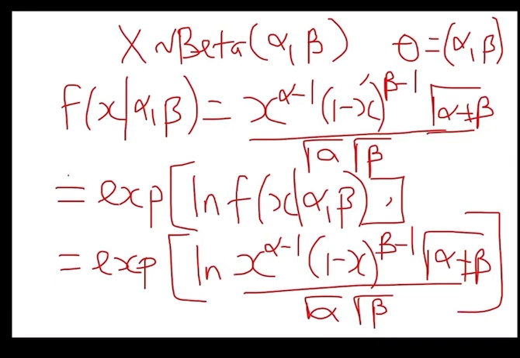Now, this distribution is very important in statistics because the random variable x lies between 0 and 1. We can use it to figure out the probability that a certain percentage of customers will prefer your products.